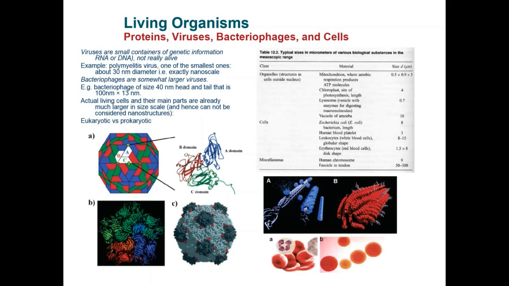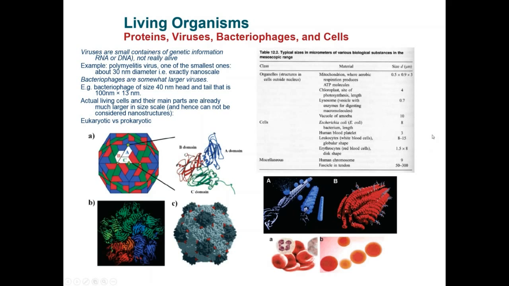And then we have the living cells. Within the living cells, we have organelles, including the mitochondria, chloroplasts, and lysosomes. The corresponding dimension, as shown here, is submicron to several microns. The micron sizes here, as shown in this table, differentiate organelles and living cells.